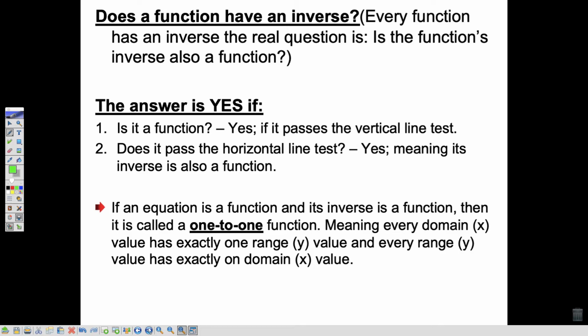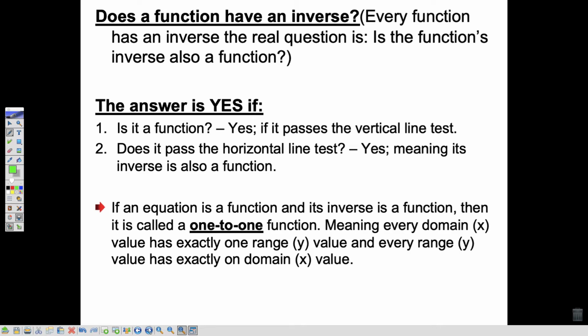We talked about that with our parent functions. If it passes the horizontal line test, it is one-to-one, and its inverse is also a function. So a graph has an inverse that is also a function if it passes the vertical and horizontal line tests.